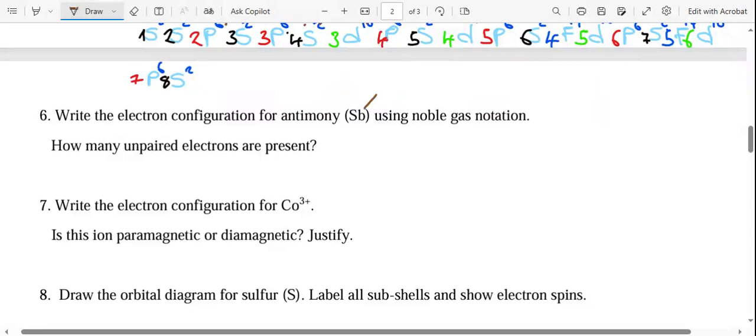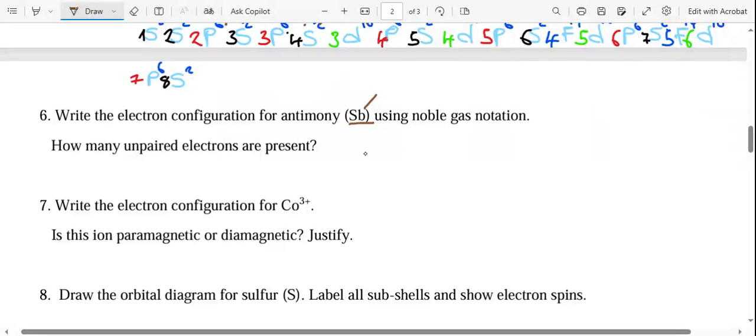We all know how to write the electron configuration now. So you are going to realize that antimony, Sb, has proton number 51.